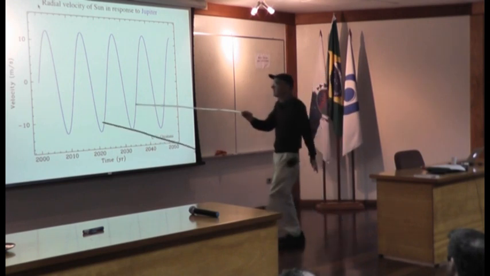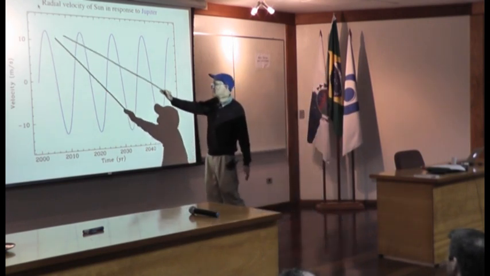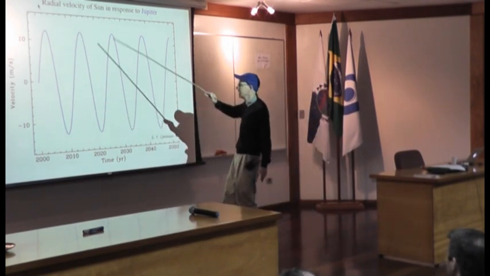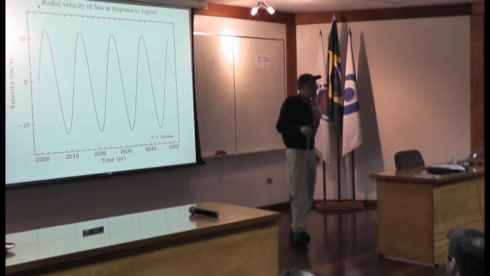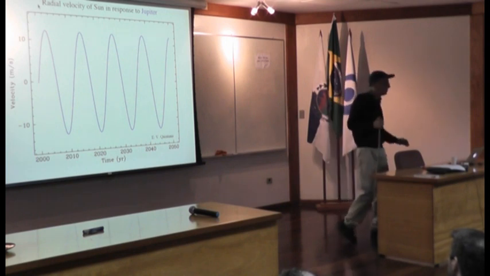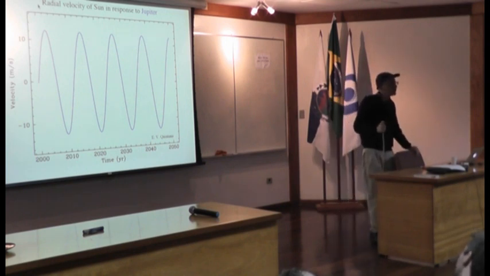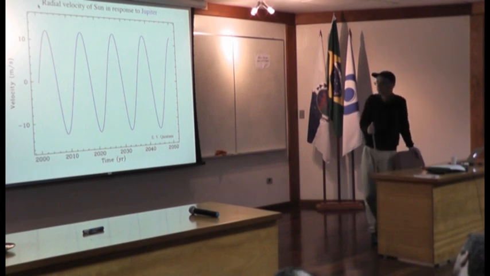You can see it has about 12 meters per second amplitude. It looks pretty much like a sine wave because Jupiter's orbit is fairly close to circular. The periodicity is that of Jupiter's orbit, just under 12 years.